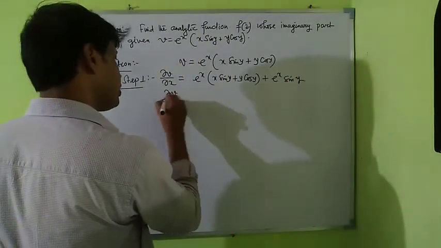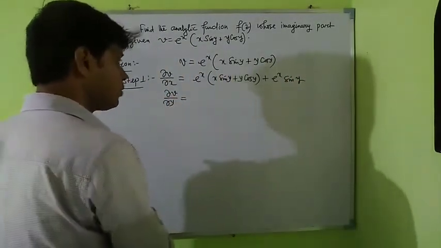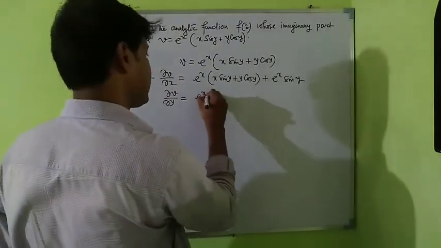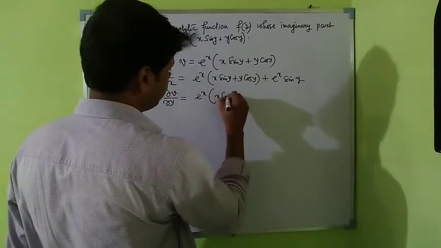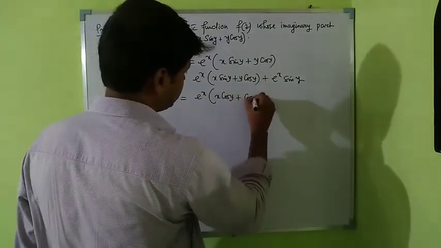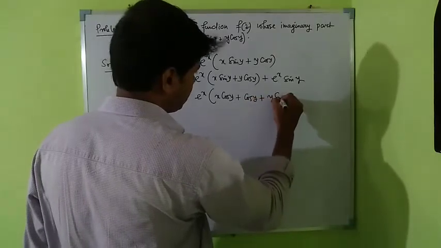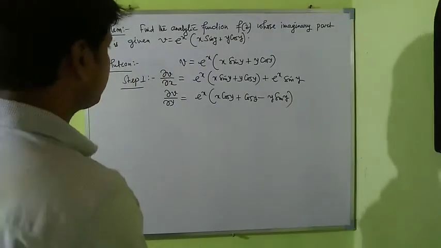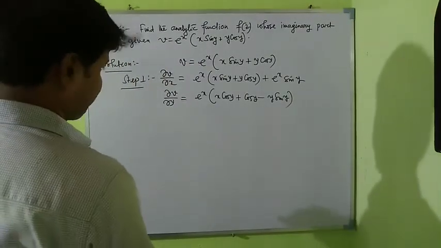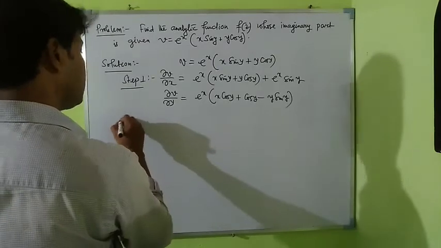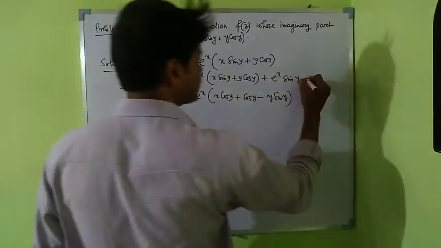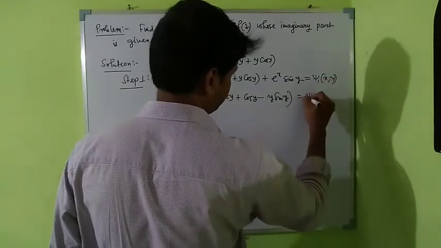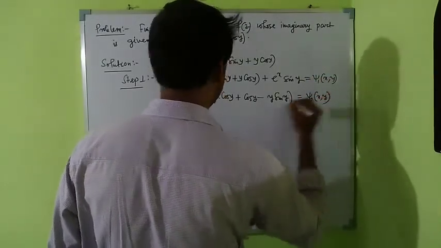And del v/del y is e to the power x cos y plus cos y plus y into minus sin y. Now we call this psi 1 (x, y) and psi 2 (x, y).